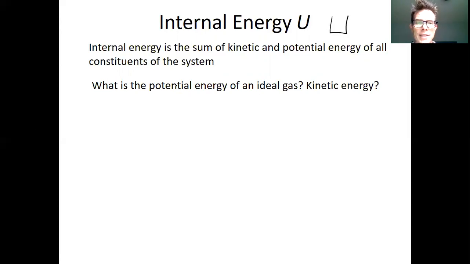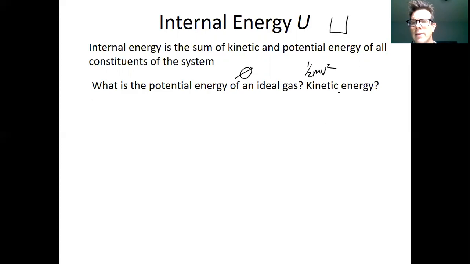And so the potential energy of an ideal gas is zero, right? It has no intermolecular forces, no attractions or repulsions between molecules. Kinetic energy, well, you know this formula, 1/2 mv squared, right?